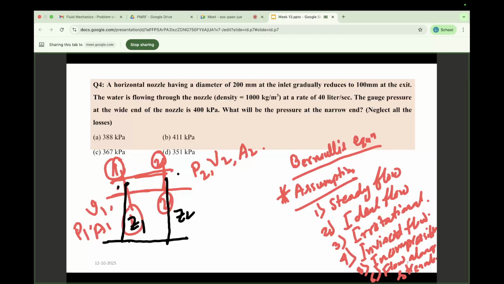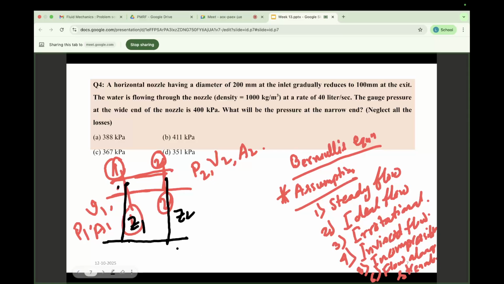So this equation tells that the total head should be constant. Total head means pressure head plus velocity head plus potential head, or datum head.